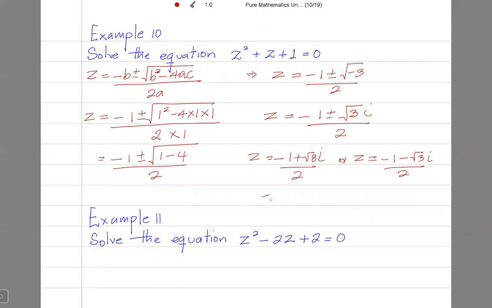One would be minus a half plus root 3 over 2 i, and the other is minus a half minus root 3 over 2 i. The roots occur in conjugate pairs.